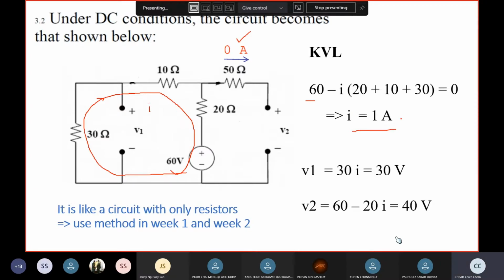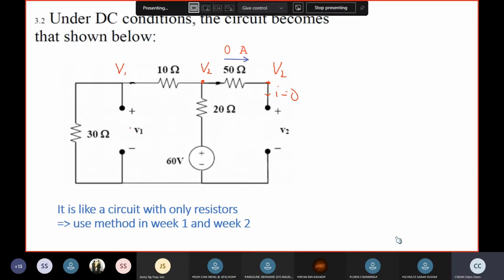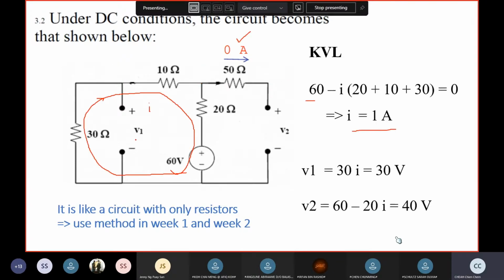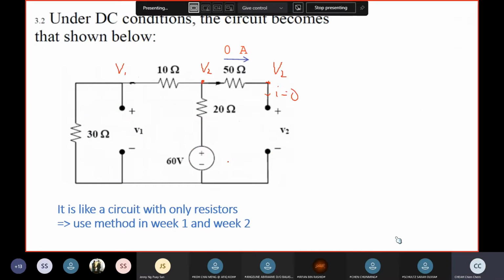For example, this V1 is actually 30 times I. Why? Because if you look at this circuit again, these two are parallel. If you have the current, then you can get the voltage.